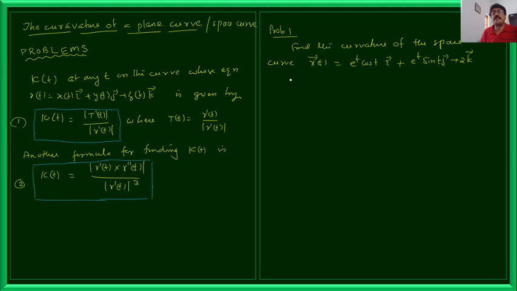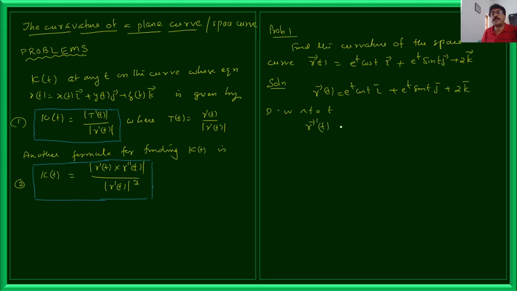So given r(t) is equal to e raised to t cos t i plus e raised to t sin t j plus 2k. Now differentiating with respect to t, we get r dash t.